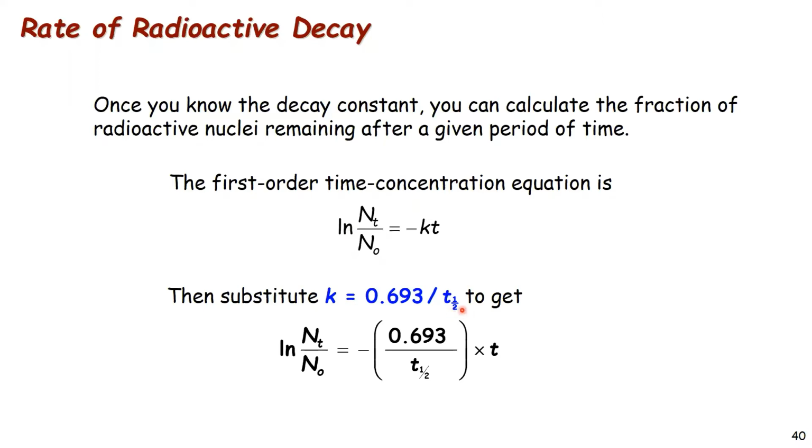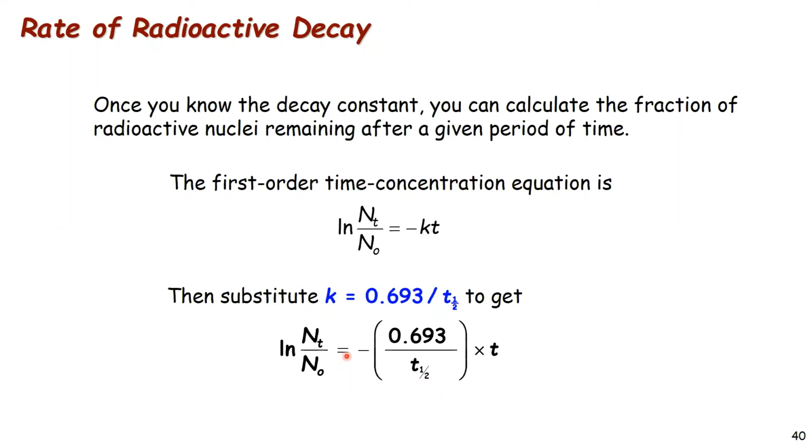So when you look up radioactive decay, what you're going to look up is the half-life, not the K value. But we know that K is related to the half-life by 0.693 divided by the half-life. So that's why we're replacing K in this equation with 0.693 over the half-life. Because when you look it up, you're not going to find K, you're only going to find the half-life for radioactive decay. Okay, so that's all I did, I substituted that in for the K.